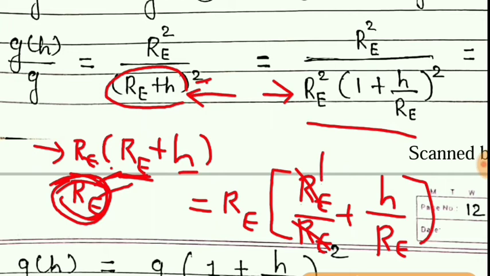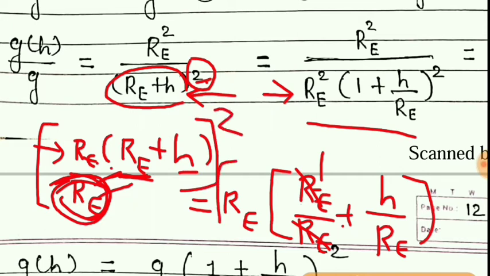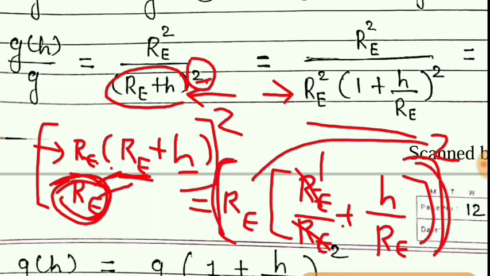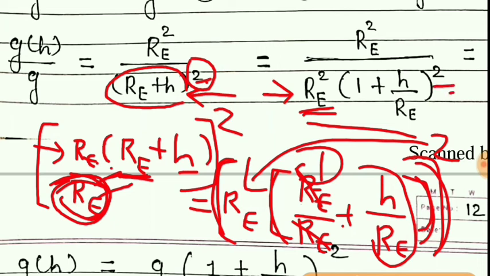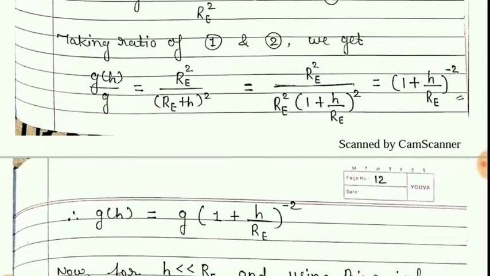Only 1. So we get 1 plus h upon Re. But students, here there is a square, so if I put a square here, then here also there will be a whole square, and if I open this bracket, then I'll get Re square, which is here, and 1 plus h upon Re square. So this is simple mathematics, and you can apply this.